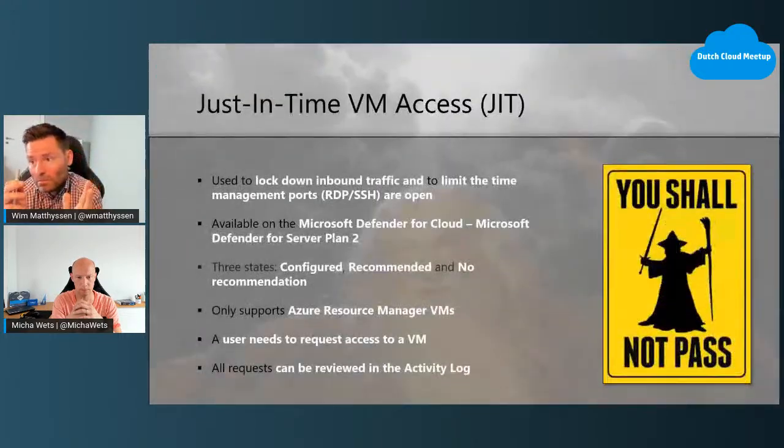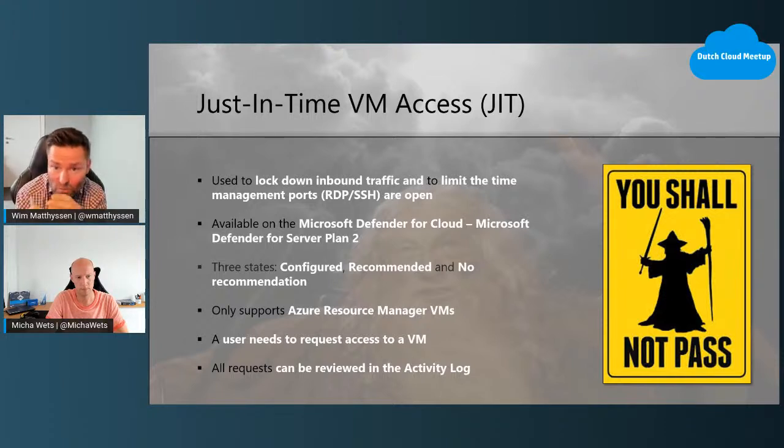So if you're still using such a jump box or any other management VM or VM in your environment which still has an associated PIP, there is a way to better protect it, and this is with the use of just-in-time VM access or JIT. For people who don't know JIT, JIT enables you to lock down your VM at the network level by blocking inbound traffic to specific management ports like RDP or SSH.